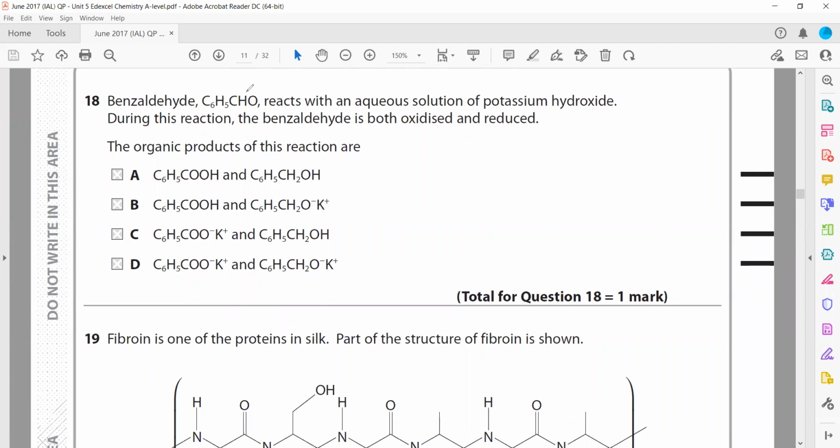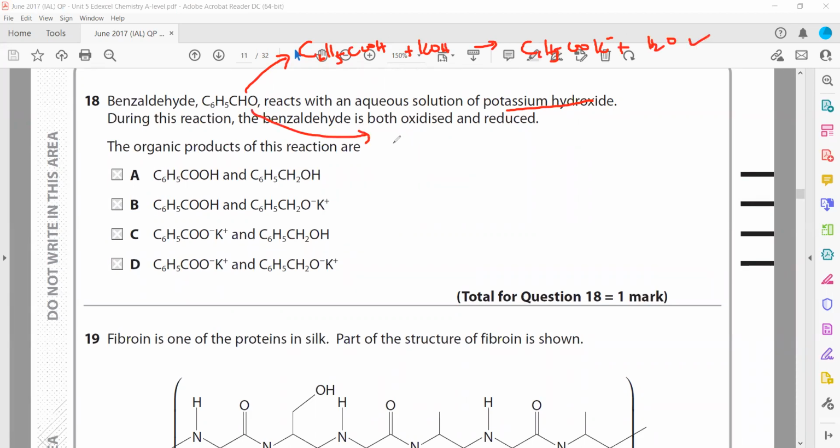If it is oxidized, because it's an aldehyde, the aldehyde will be oxidized to carboxylic acid. So it will become C6H5COOH. And in the presence of potassium hydroxide, when it forms C6H5COOH, it will react with potassium hydroxide. As a result, it will produce C6H5COOK and H2O. So this is one product.